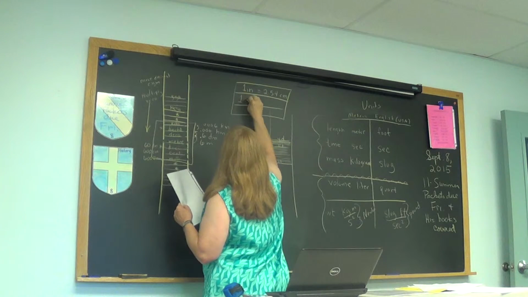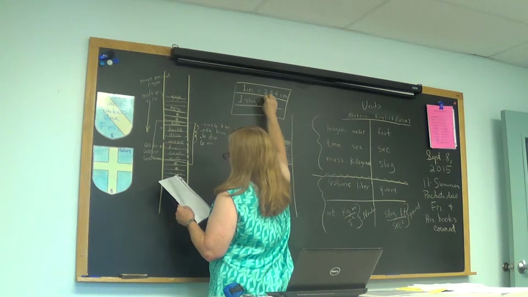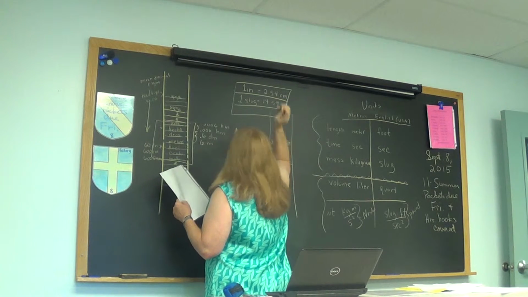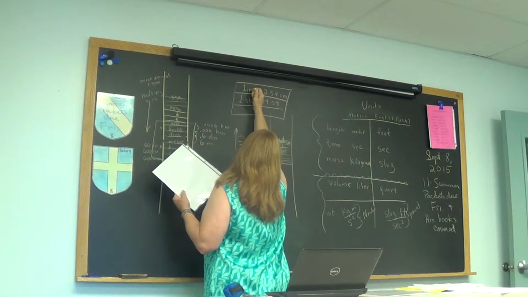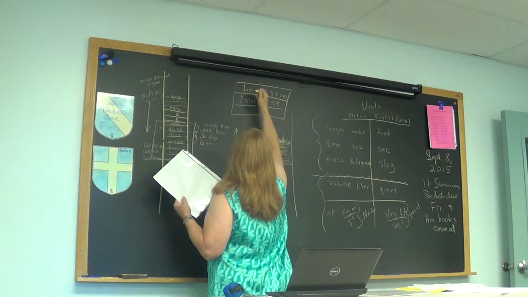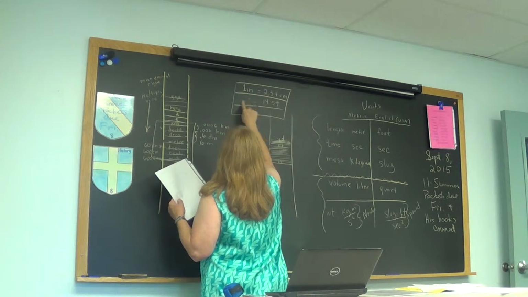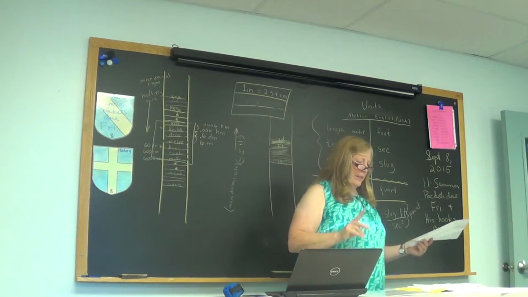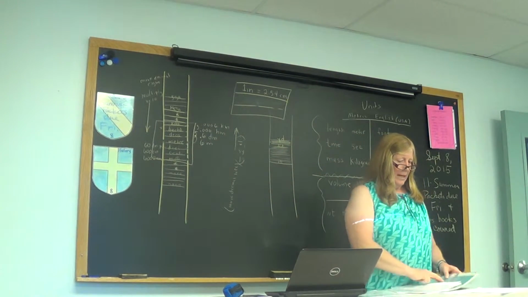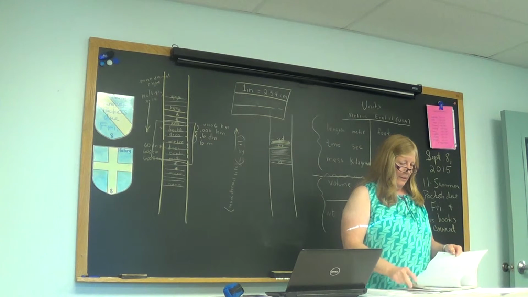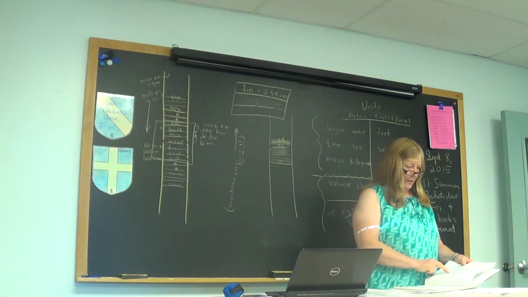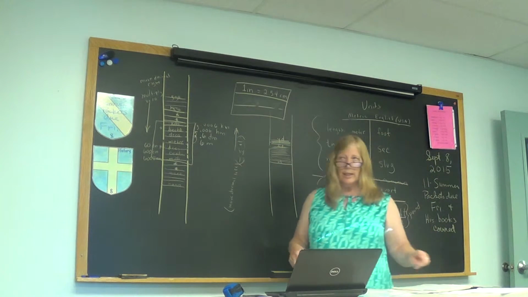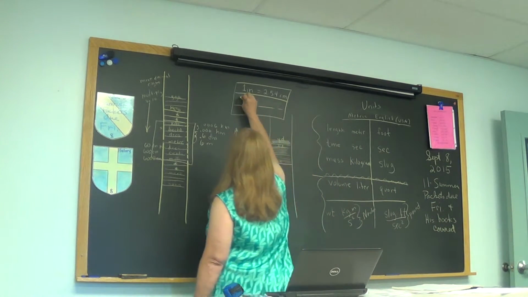1 slug is 14.59. Oops, that's not right. I think it's not slug. Slug would be on this side. So how shall I do that? 1 slug is, let me look it up. I told you that's only one. 1 slug is 14.59 kilograms.